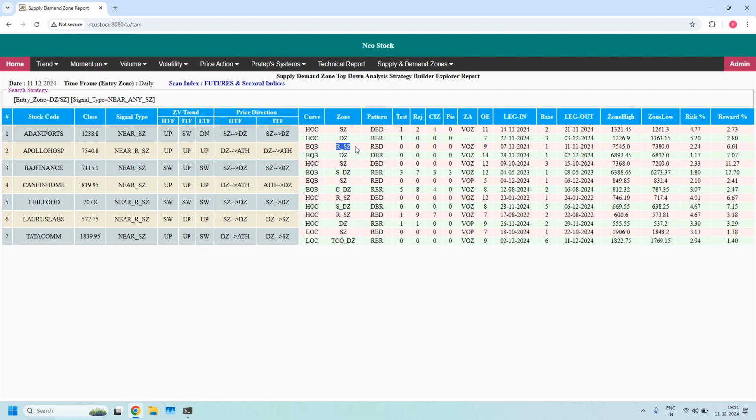Apollo Hospital is having a daily high liquidity supply zone. Jubilant Food is having high liquidity zone. Laurus Labs is having high liquidity supply zone. That's it. We have 3 high liquidity daily supply zones from this list.